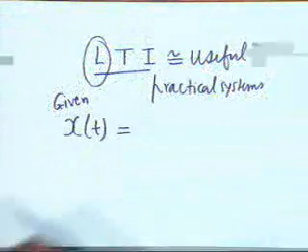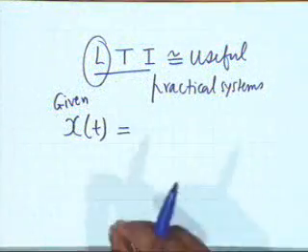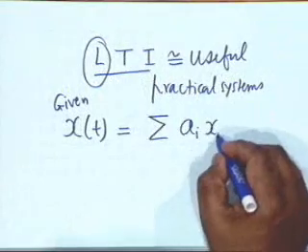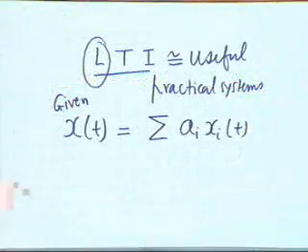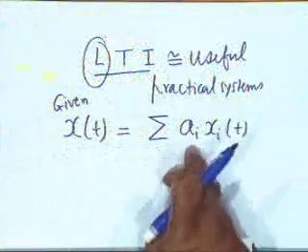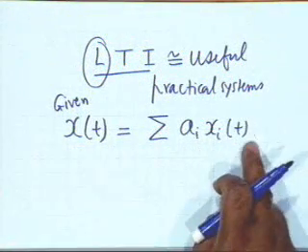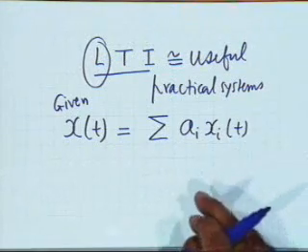Linearity says that the principle of superposition as well as homogeneity are valid, which means that given an arbitrary signal x of t, if you can decompose the given signal x of t in terms of a large number of simpler components, let's say summation a sub i x sub i of t. The a sub i's are the scaling factors that take care of the homogeneity, and x sub i are simpler signals.